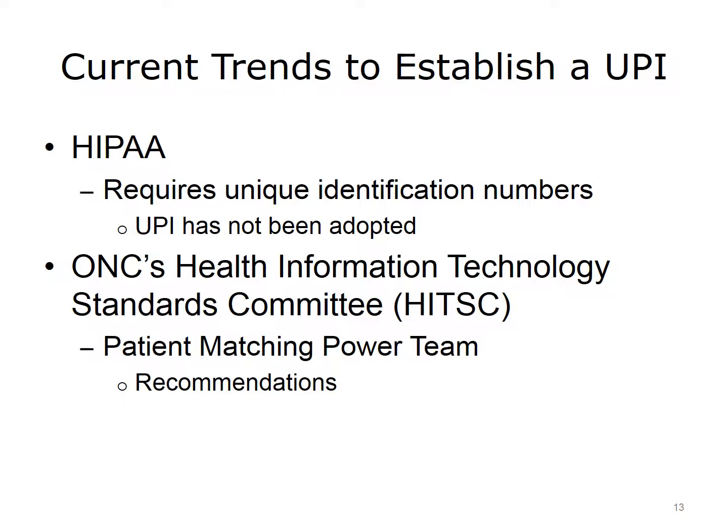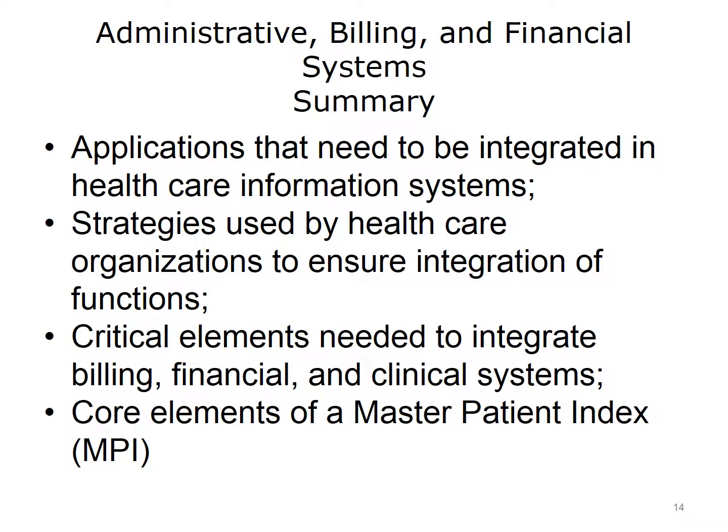HITSC 2011. Potential patient matching attributes were examined by the Patient Matching Power Team, and they concluded having a common base set of patient attributes across entities that are matching patients is important if the entities are going to achieve an acceptable level of sensitivity and specificity. HITSC 2011, page 2.